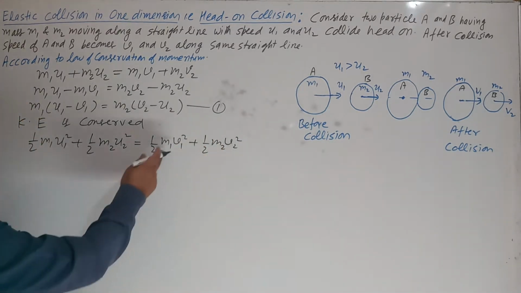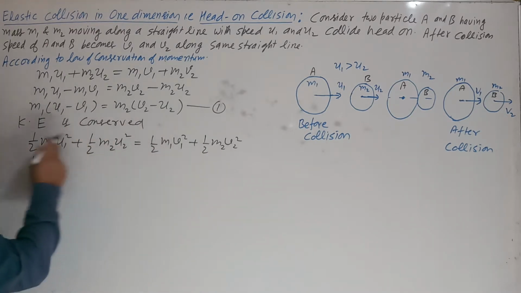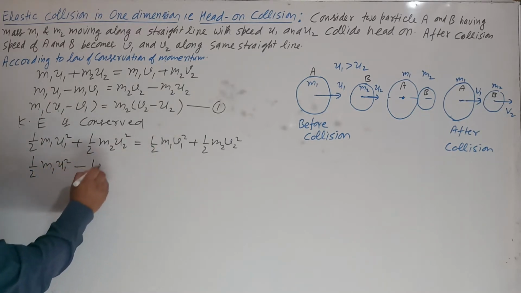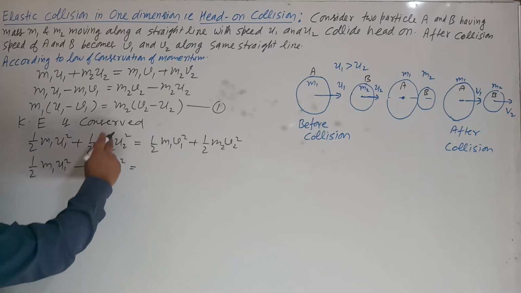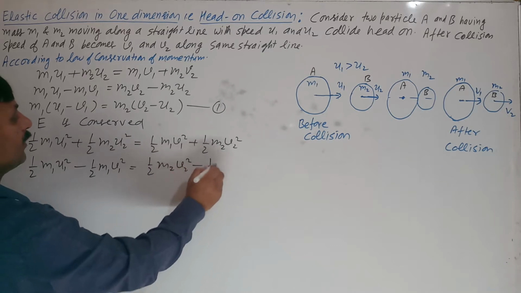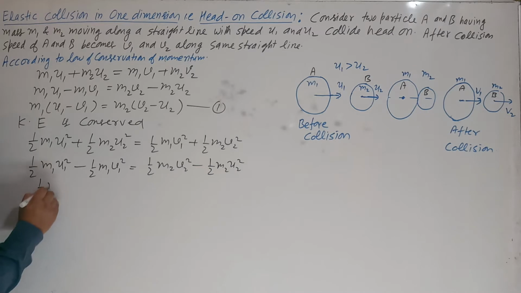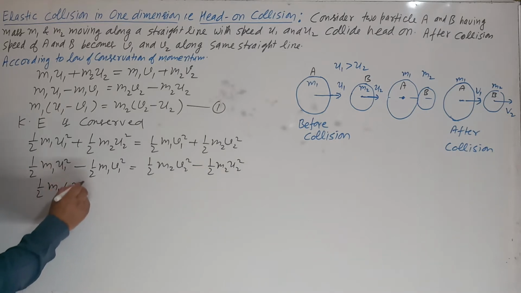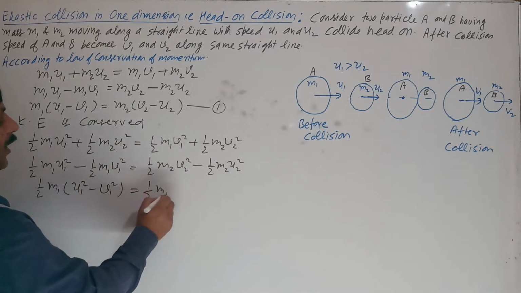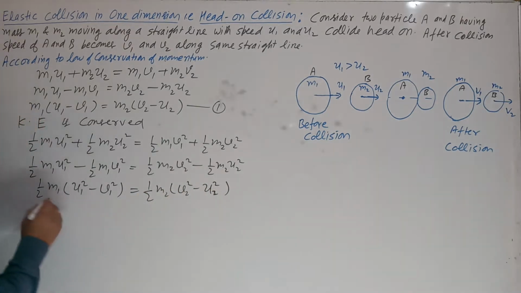In the same way, we take on the left hand side half m1 u1 square minus half m1 v1 square, and on the right hand side half m2 v2 square minus half m2 u2 square. Half m1 I have taken common, this becomes u1 square minus v1 square. Half m2 I have taken common, v2 square minus u2 square.